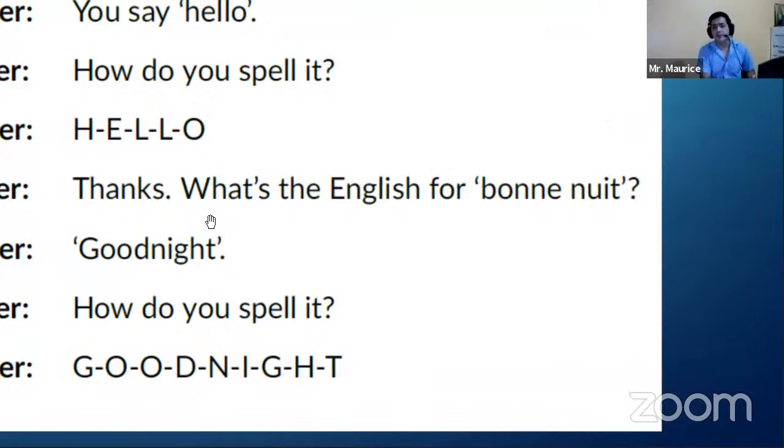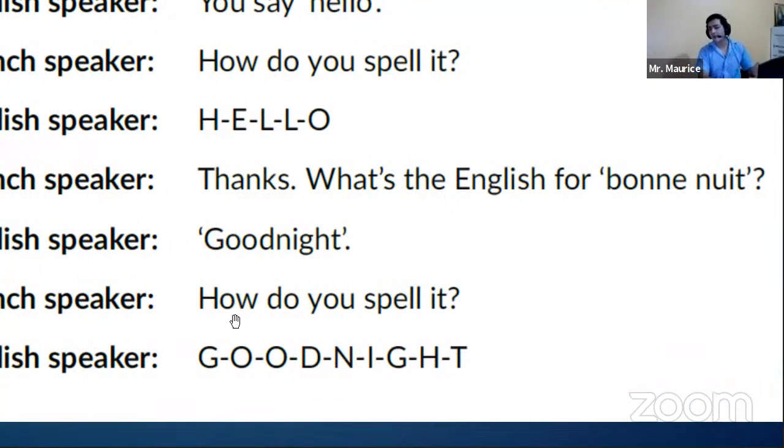The number 2, what's the English for? ¿Cuál es la palabra en inglés para? What's the English for? ¿Cuál es la palabra en inglés para lápiz? What's the English for lápiz? Y nuestro objetivo, que es estar aquí, how do you spell it? ¿Cómo lo deletreas?